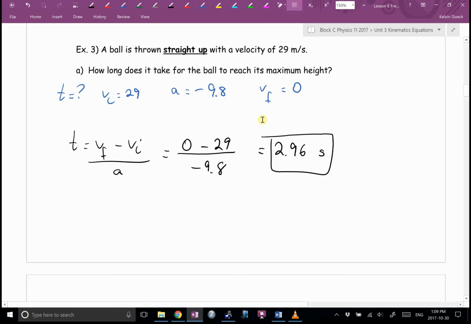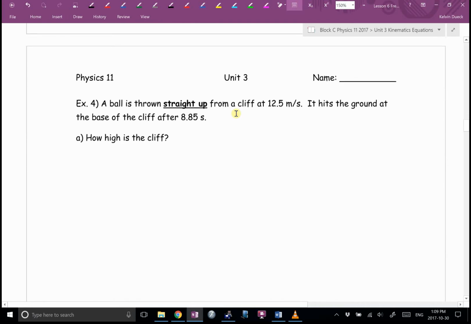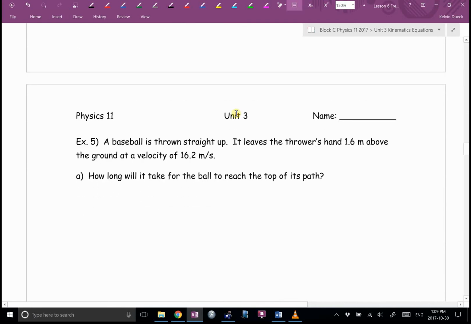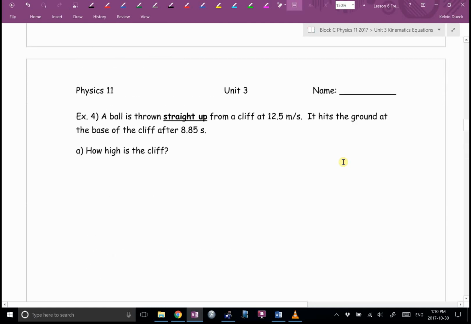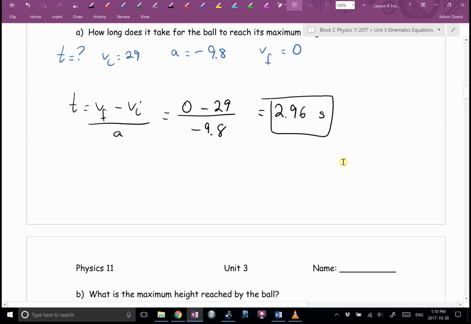You're going to see in a couple of questions from now, in example 5, it leaves the thrower's hand 1.6 meters above the ground, and I'll be fussy, and we're going to ignore that. Most of the time, you can assume somehow we're laying on our stomach on the ground and somehow throwing it straight up without a wind up. The answer is we'd have to take it into account somehow. Okay? Typically, we're going to end up ignoring it.